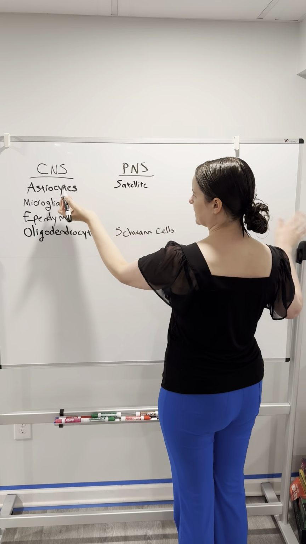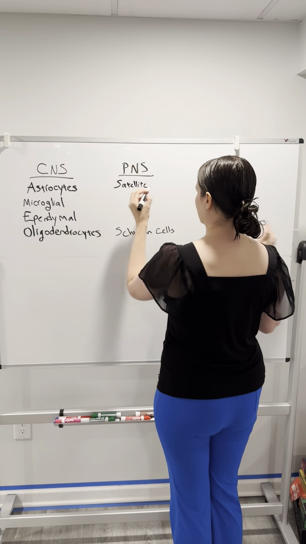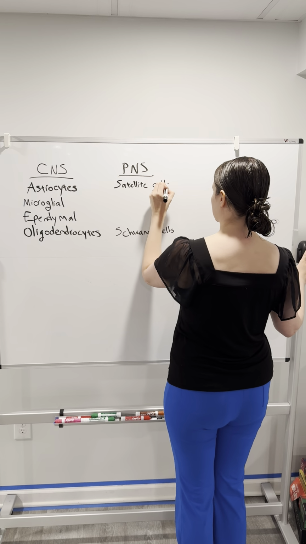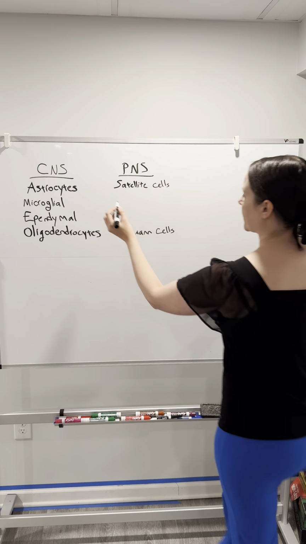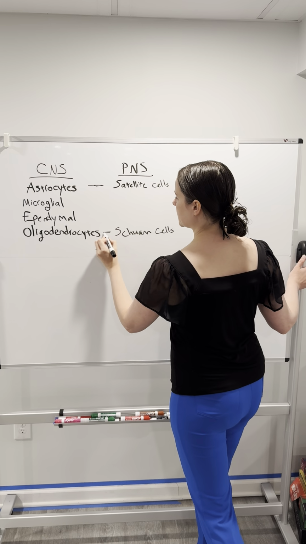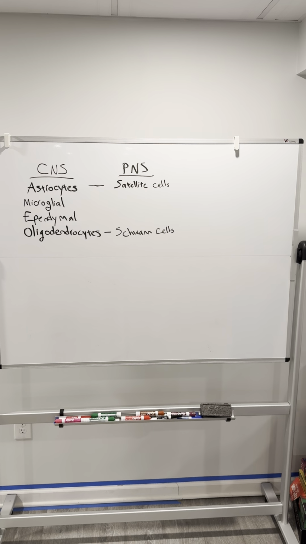These are basically like the astrocytes of the central nervous system. They do loads of different things. Satellite cells. So those are the two you would find in the peripheral nervous system and what they're similar to in the central nervous system. Nothing similar to microglial or ependymal cells in the peripheral nervous system.